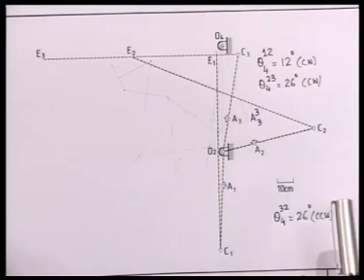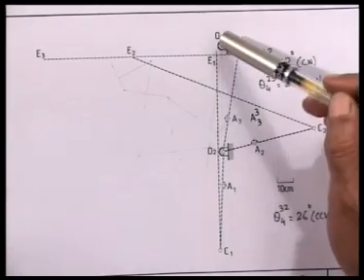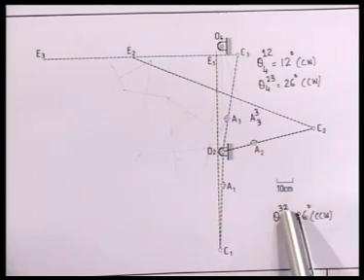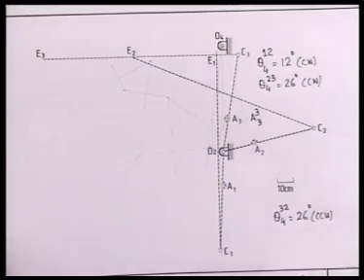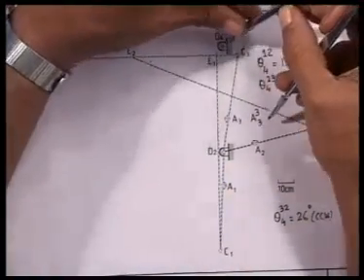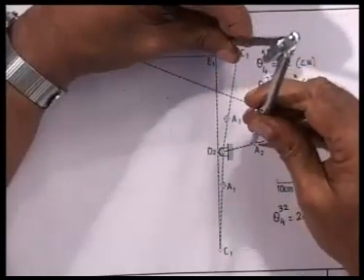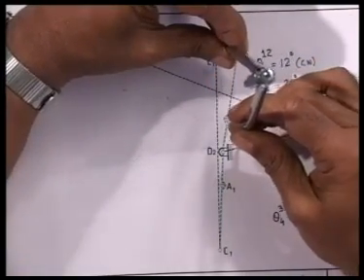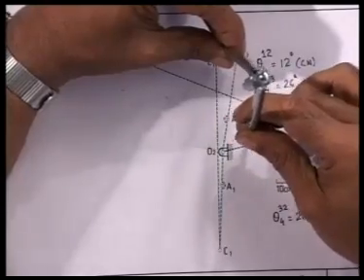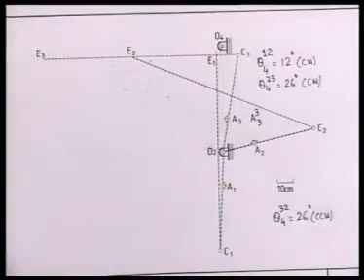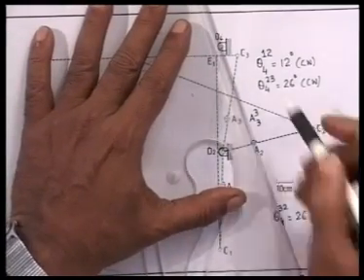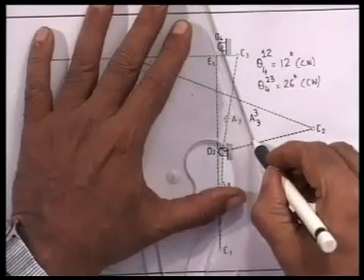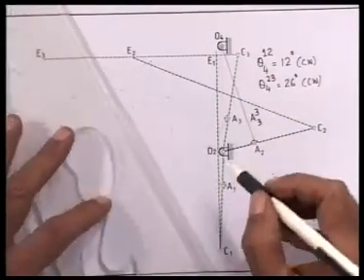To determine the inverted position of A2, what we have to do? We have to rotate O4A2 through minus theta 4 3 2. Minus theta 4 3 2 is nothing but 26 degree clockwise. This is O4A2 and we rotate this through 26 degree. So O4A2 is this line and we rotate it through 26 degree.